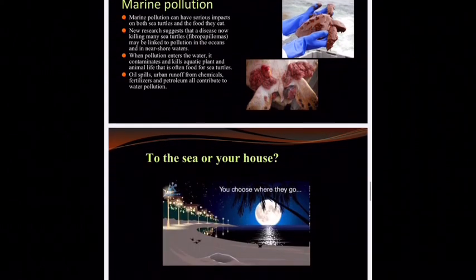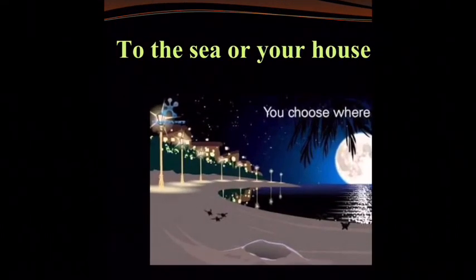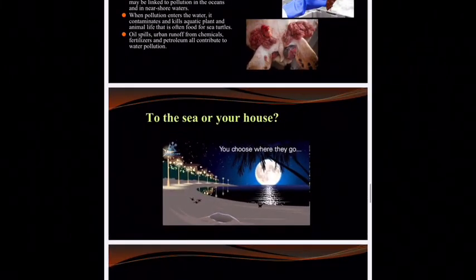So you might have heard about some ordinances about lighting, like when I was talking about your artificial lighting on the beach, like all of these houses, all these street lamps and everything. The sea turtle's instinct is to go towards the light. Well, if the light on land is brighter than the moonlight over the water, which is when they usually hatch at night, they crawl the wrong way.